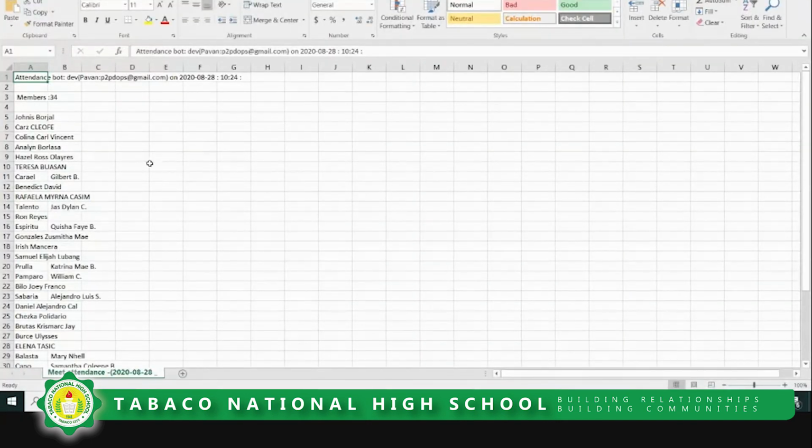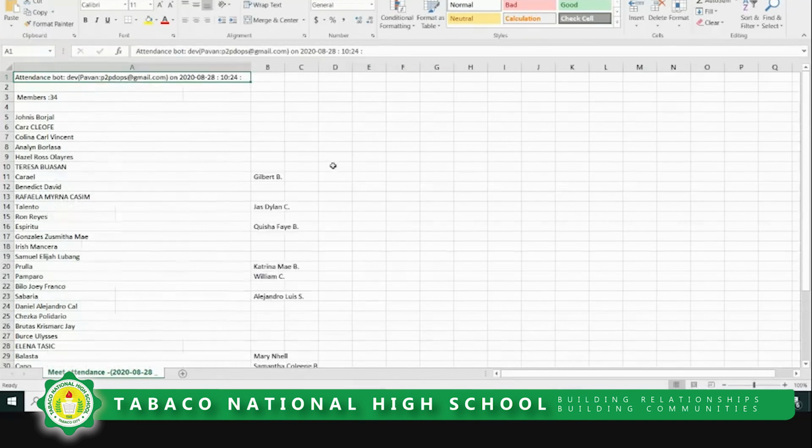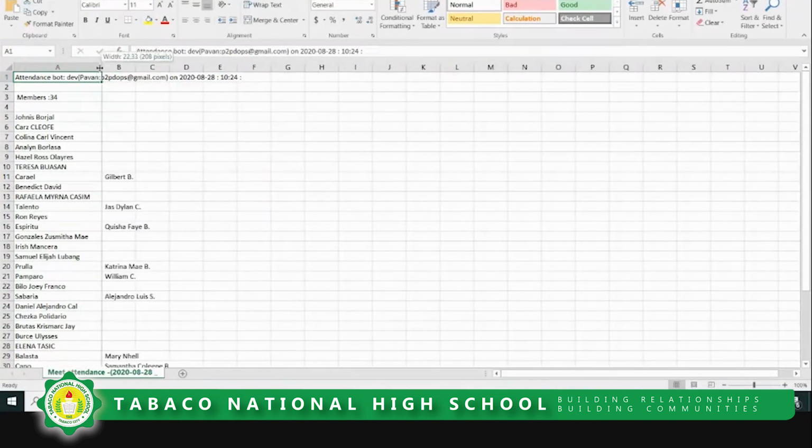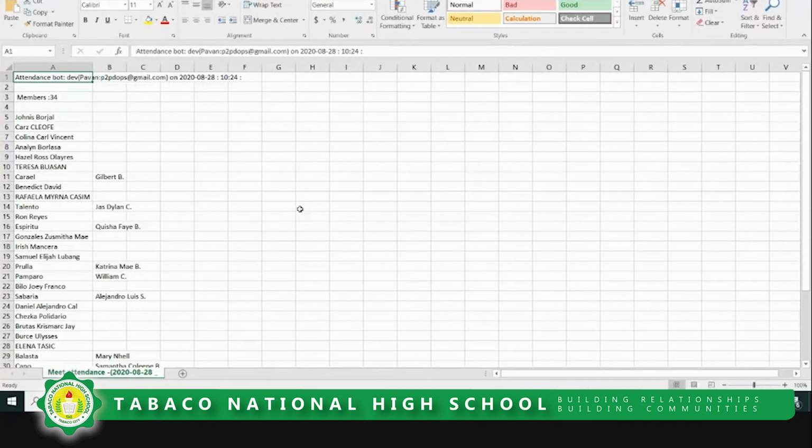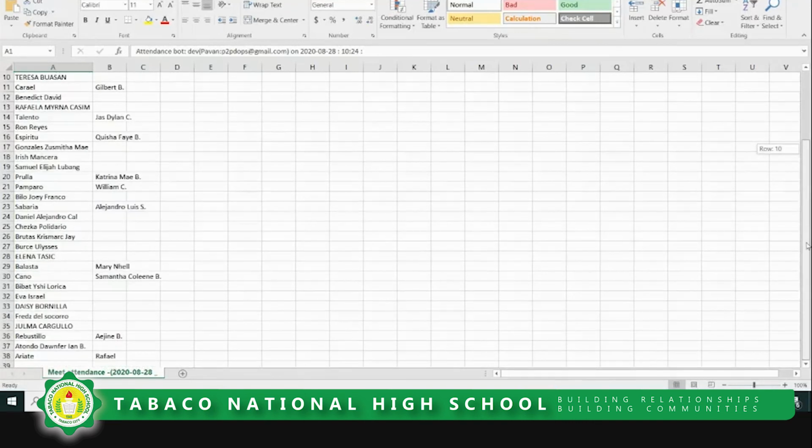Okay. So these are now the attendance for today's session. So there are 34 pero I am going to count later on kung ilan po yung students dyan because some of them are observers from the division office and heads of our school. So, yan po ang attendance natin. Okay?